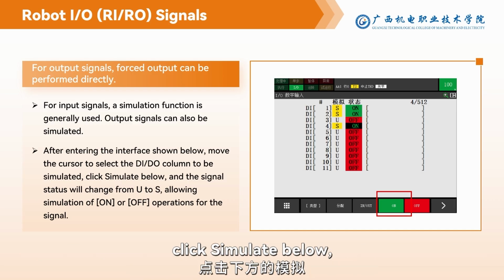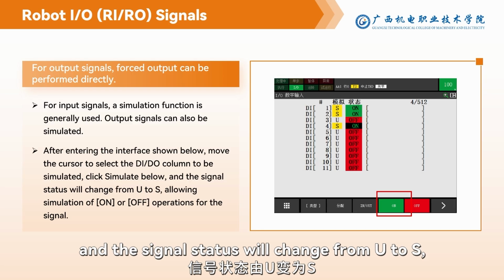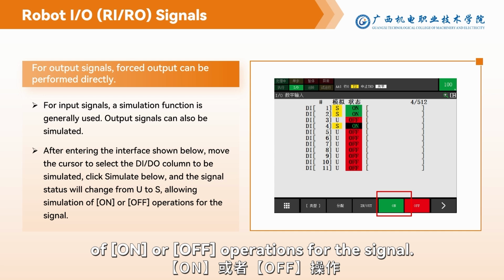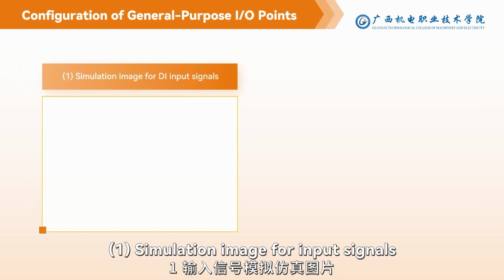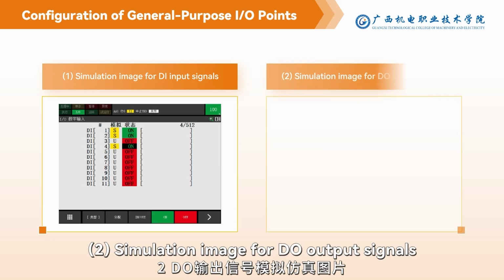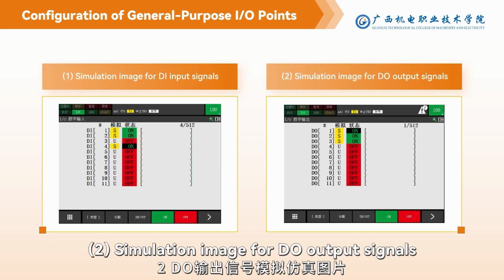Click Simulate below, and the signal status will change from U to S, allowing simulation of on or off operations for the signal. 1. Simulation image for input signal. 2. Simulation image for DO output signal.